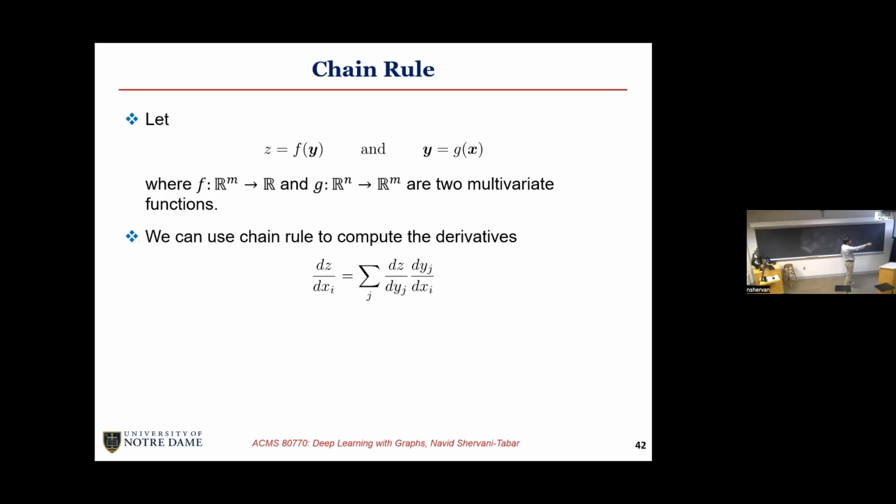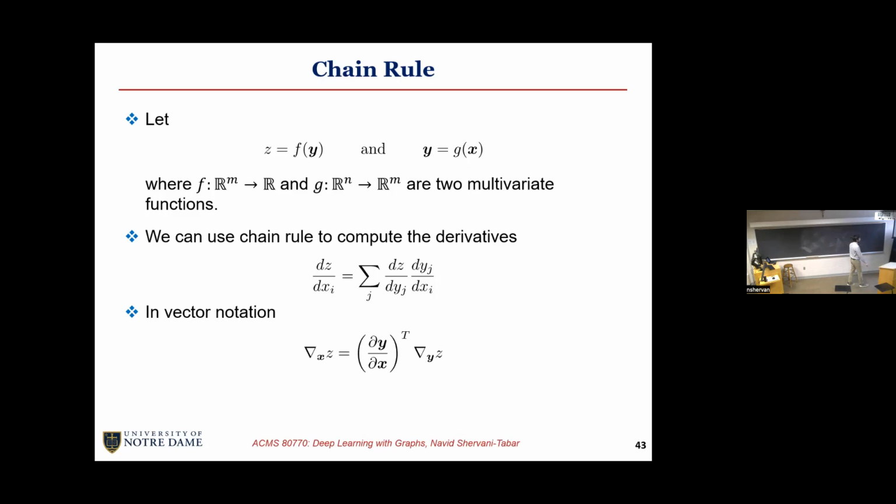So I'm just finding multiple partial derivatives of z with respect to each x_i, and I'm writing this as a sum over partial derivatives of z with respect to y and y with respect to x_i. So I can rewrite this in matrix format, in vector notation. And I'm writing this as a Jacobian. It is basically derivative of a vector with respect to a vector.